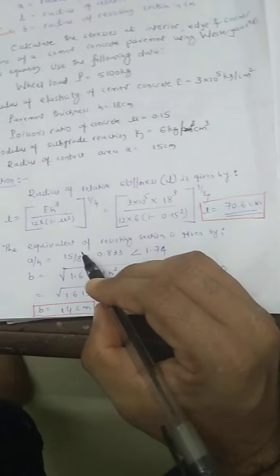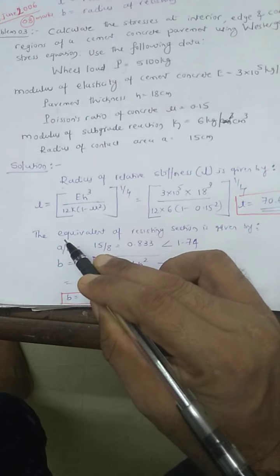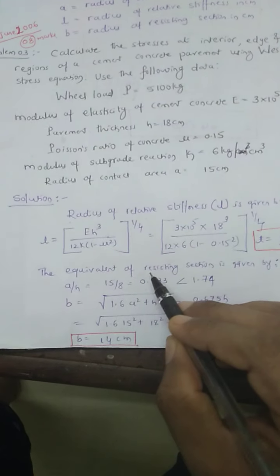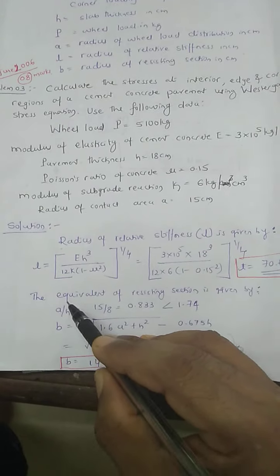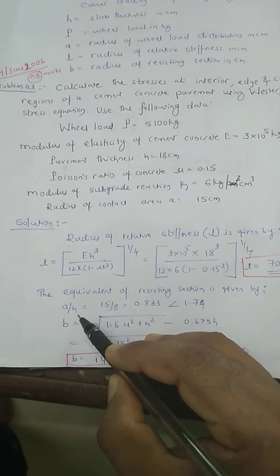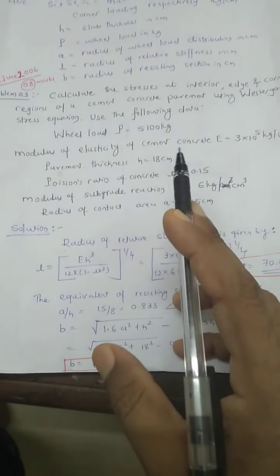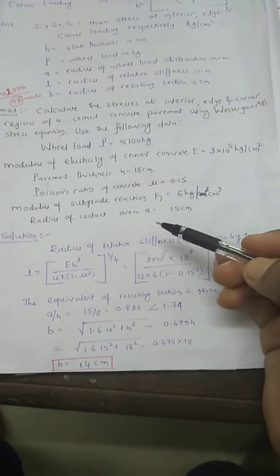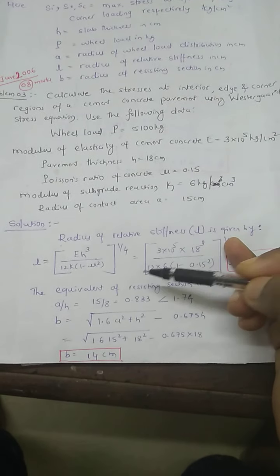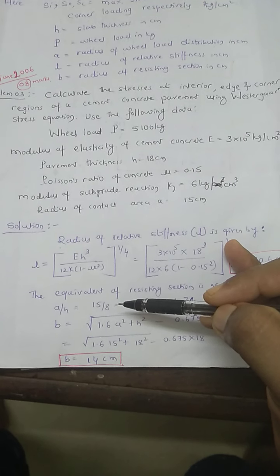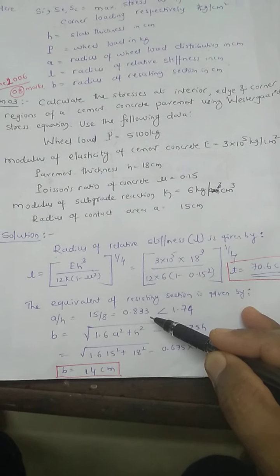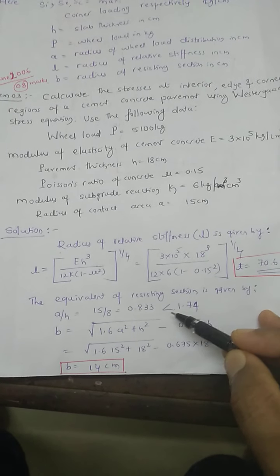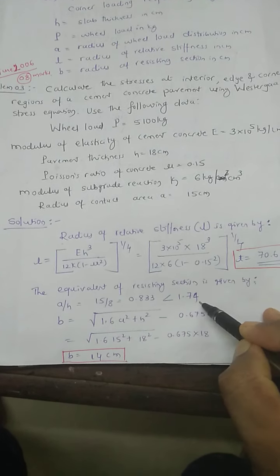Second, the unknown is B, the equivalent radius of resisting section, which we find by the A divided by H ratio, that is 15 by 18. A in this problem is 15, and H is 18, so that is 0.833. So the condition which applies is that it is lesser than 1.724, as we already discussed in the first and second video.